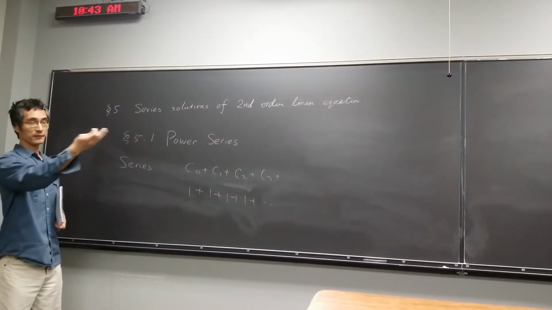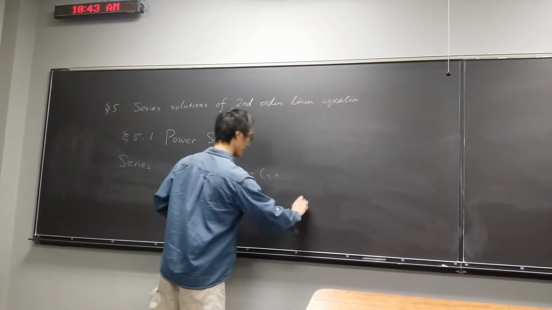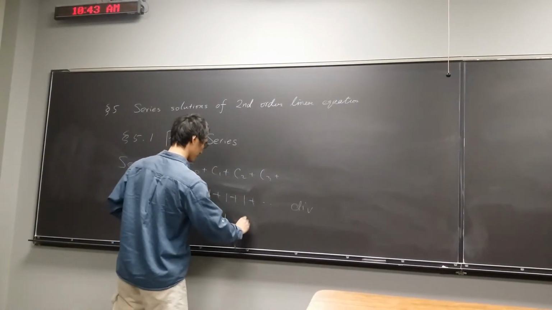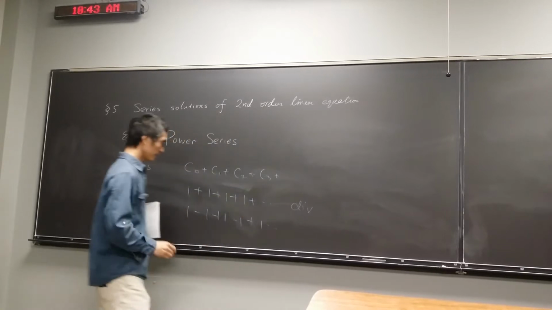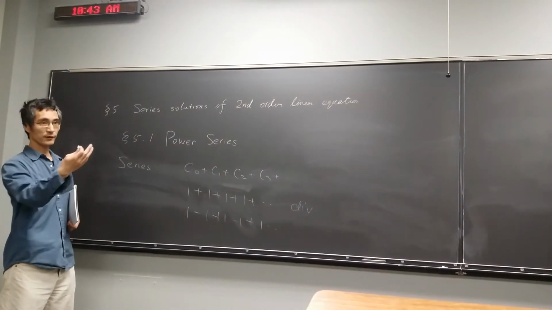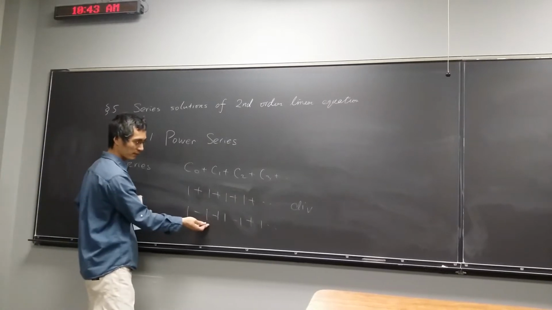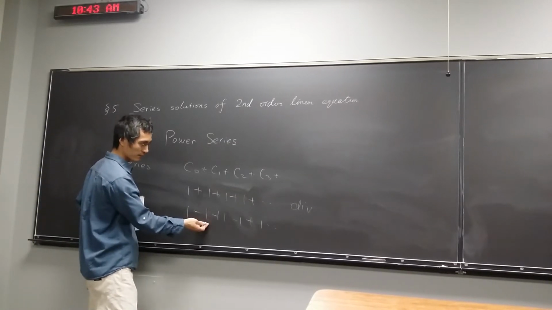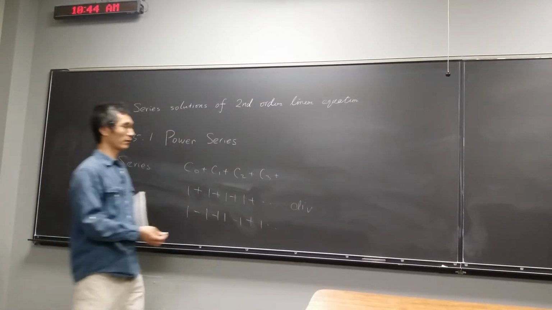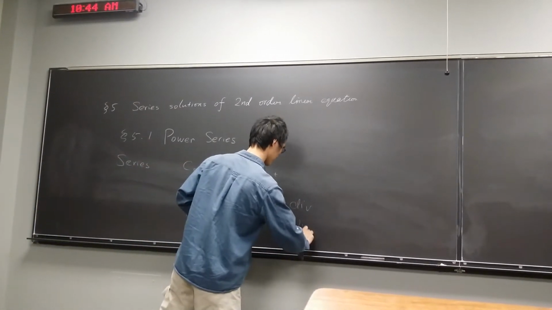Because if you add up, you'll get infinity. And 1 minus 1 plus 1 minus 1. That series is also divergent, because although they're not going to infinity, if you add up the partial sum, you will see this is 1 then 0, then 1 then 0, so it does not converge to any particular number, so it's also called divergence.